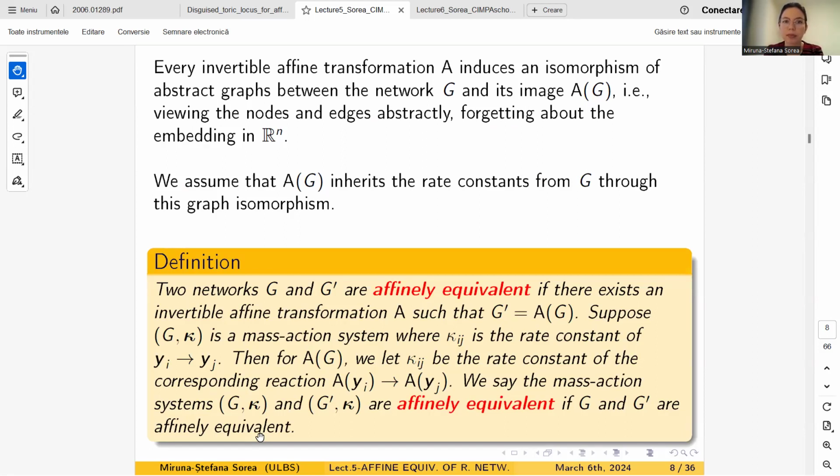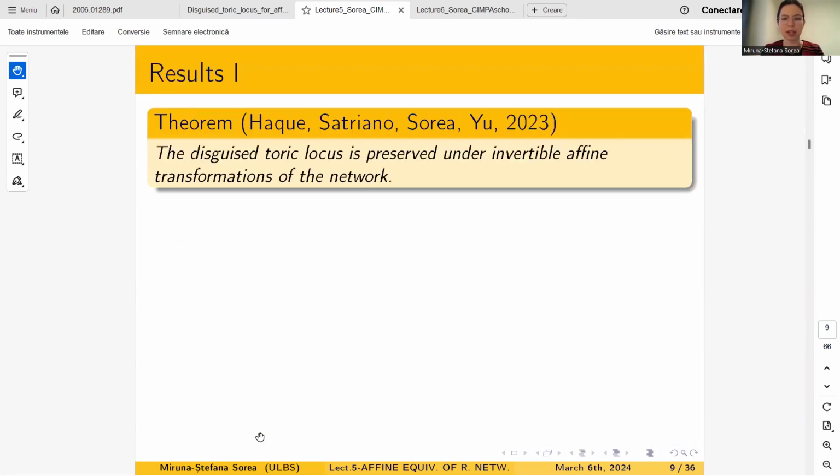Does graph isomorphism imply affine equivalence or not? I'll leave the answer for a bit later, and maybe it will be clear soon, because I prepared some slides motivating why we look at this. If not, we will come back. If not, please interrupt me again after a couple of slides.